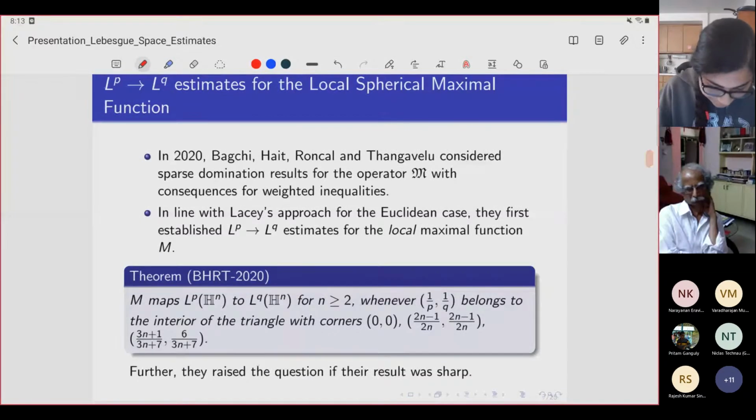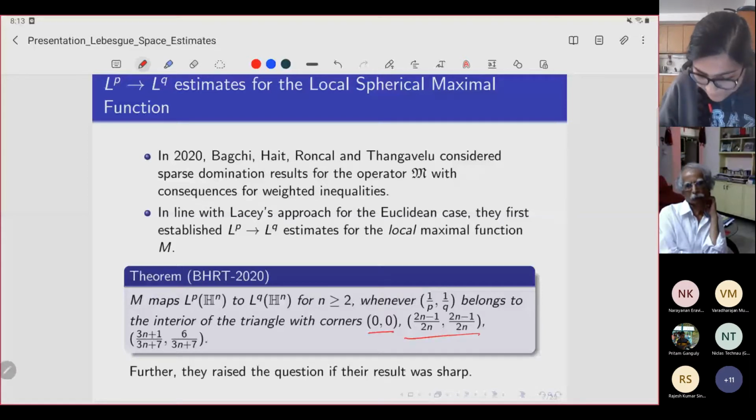So they showed that M maps LP to LQ for n greater than or equal to 2 on the Heisenberg group, whenever (1/P, 1/Q) belongs to this region, which is a triangle with corners (0, 0). The second point, these two points are on the diagonal, ((2n-1)/2n, (2n-1)/2n). So this is basically also the LP result.